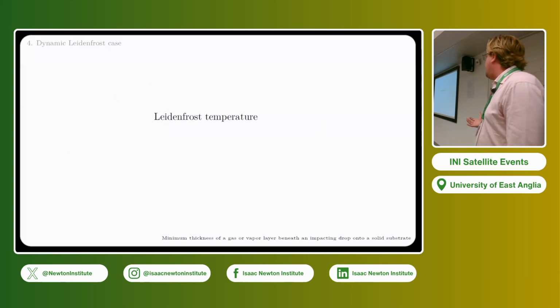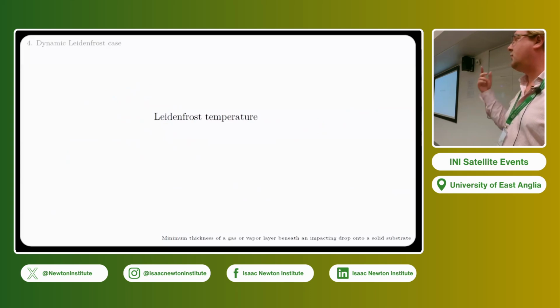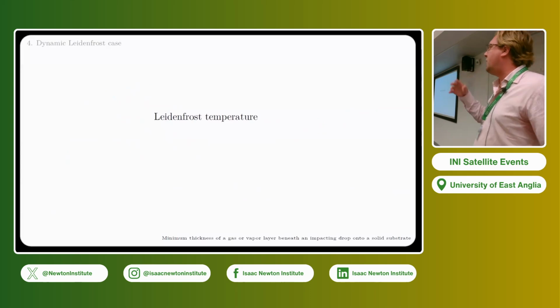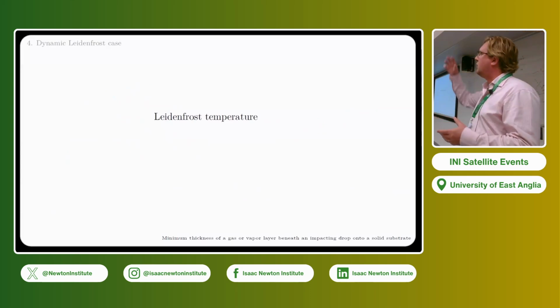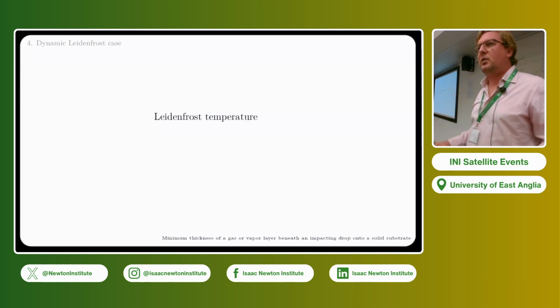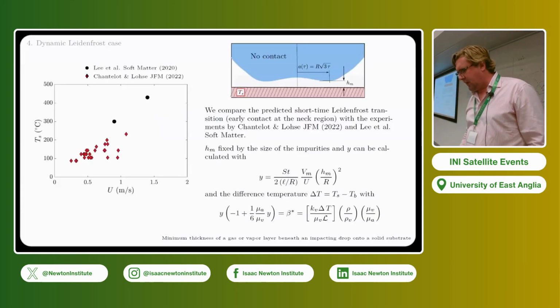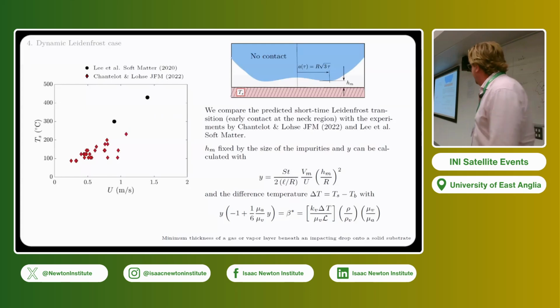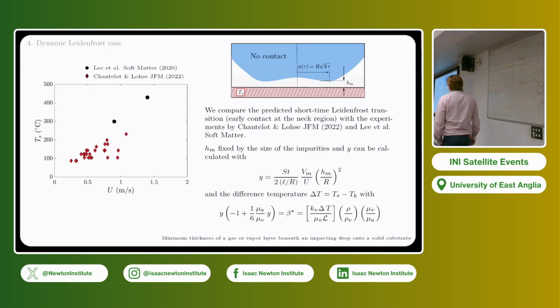We have the expression for the minimum thickness, so we are able to determine the Leidenfrost temperature, for which we have no contact between the drop and the heated solid substrate. This is an experimental measurement of Chantelot and Lhuissier that I showed you at the beginning of this presentation, and two points from Lee and co-authors in Soft Matter.